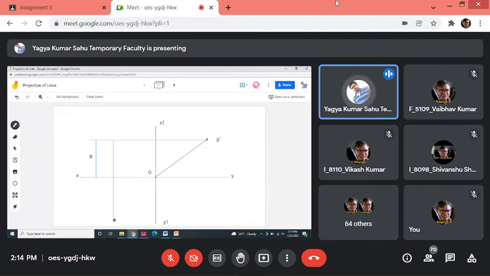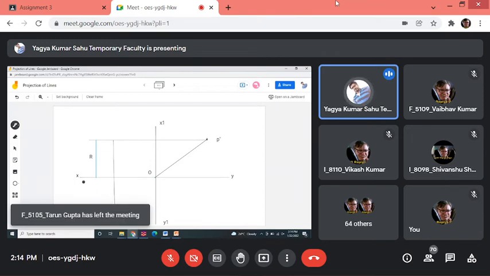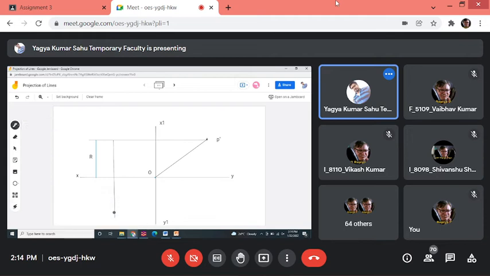So draw a projector line like this, and mark a point. What about the distance of this point from XY? It should be R. From XY, the distance of this point should be R, because it is equidistant from both the planes.